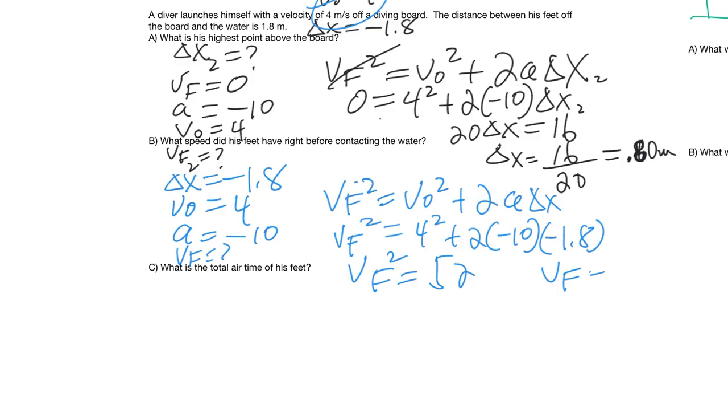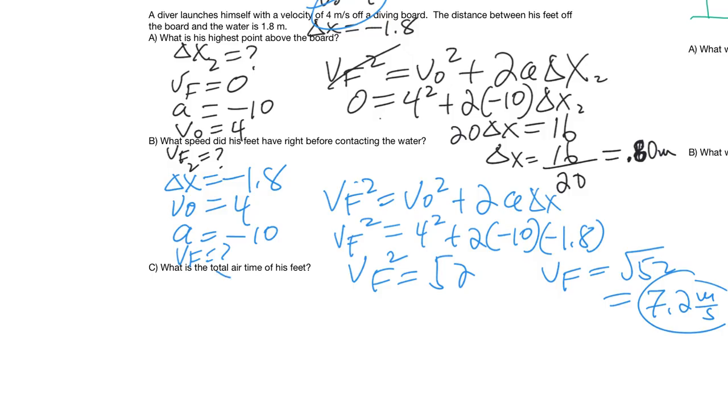So VF is the square root of 52, which equals 7.2. So his feet are going to hit the water with a speed of 7.2 meters a second.